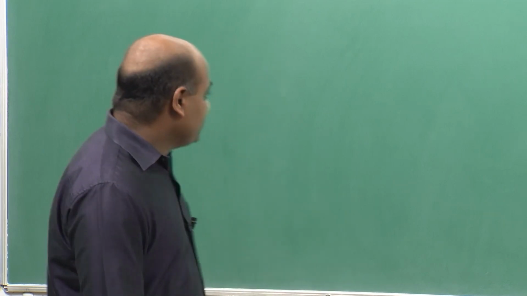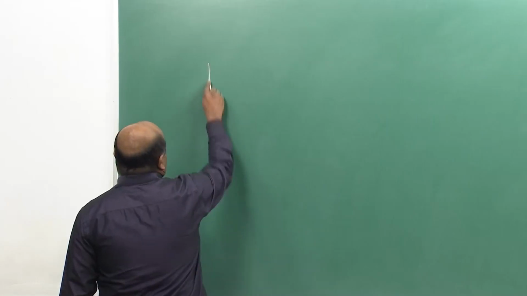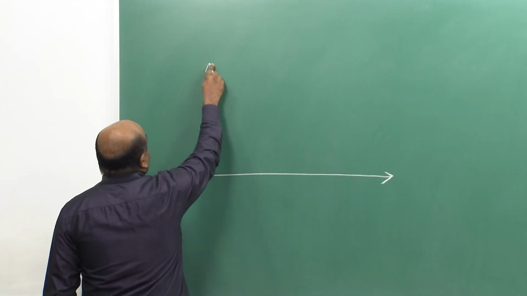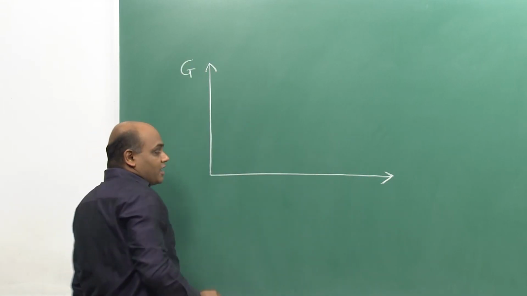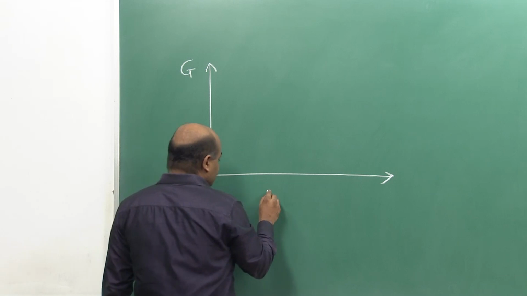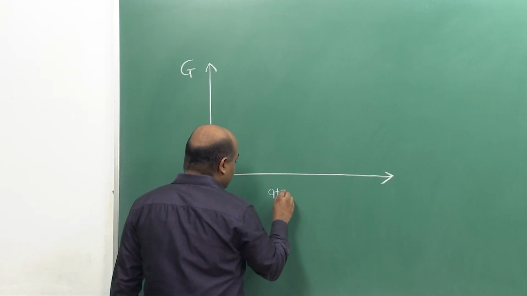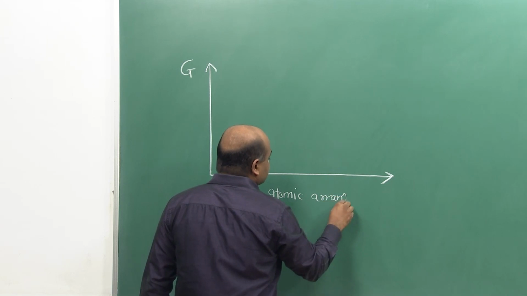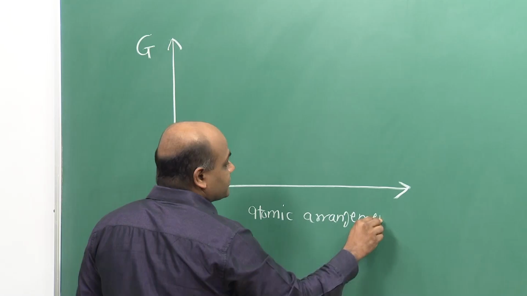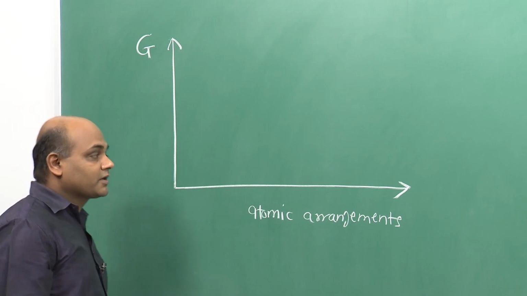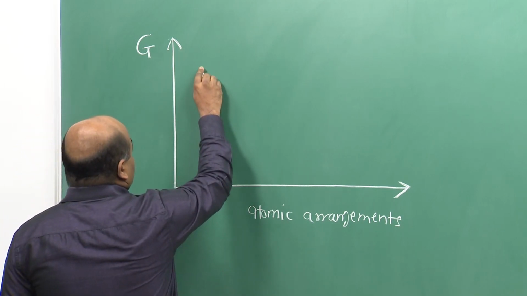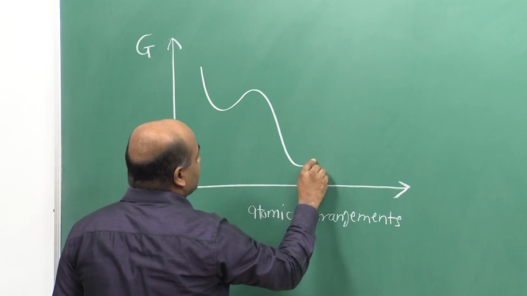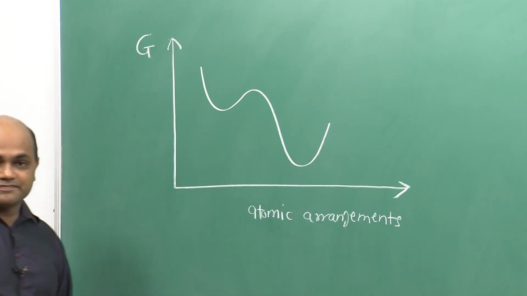So, for example, if we plot the Gibbs free energy of a system as it continuously moves through different atomic arrangements, we may get a plot schematically which might look something like this.